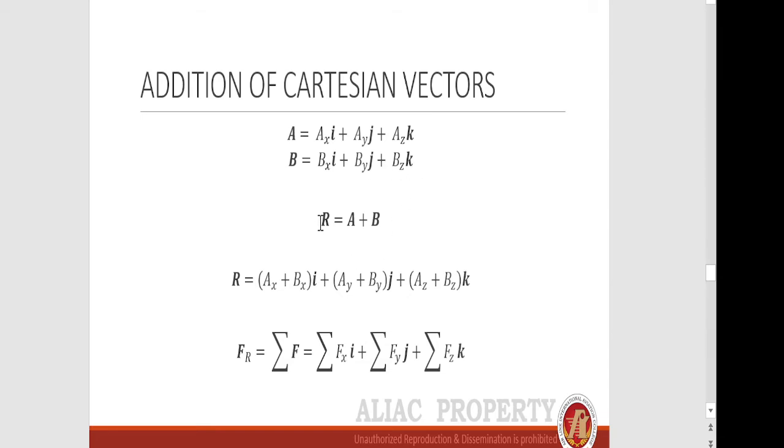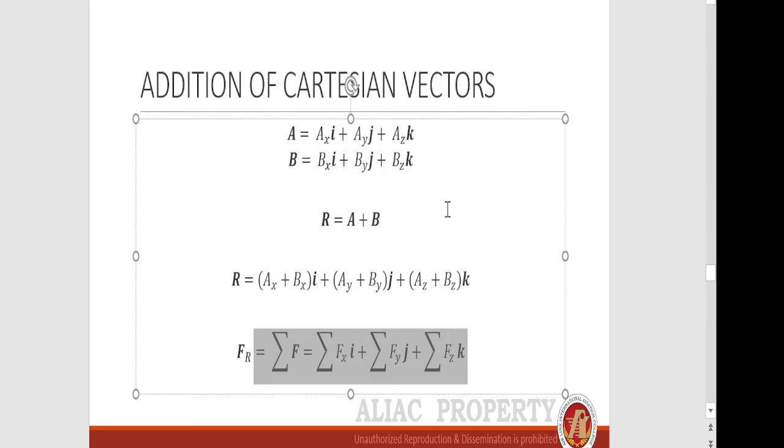Then the resultant vector is as usual the addition of vector A and vector B. So that can also be represented in Cartesian vector form: AX plus BX i, AY plus BY j, and AZ plus BZ k, which is the sum of components along the x-axis, the sum of components along the y-axis, and the sum of components along the z-axis. So it can also be indicated in this form.